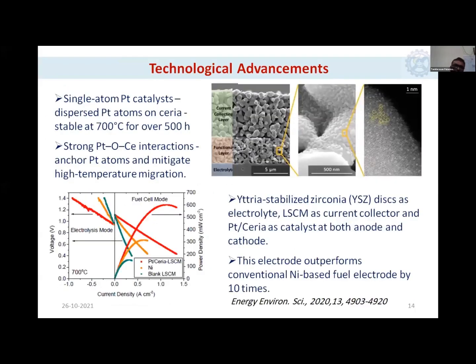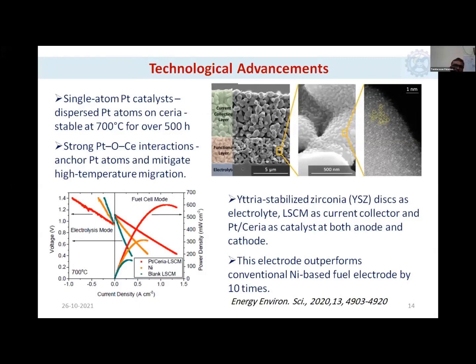And in the development of catalysts, the main problem here is, since it is working with hydrogen fuel and oxygen oxidant, platinum is the ideal catalyst. Then if you want to use platinum, obviously you have to increase the surface area, so that you get more electrochemical active surface area.